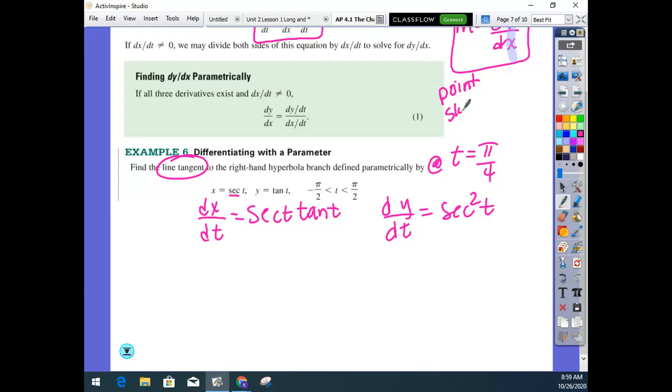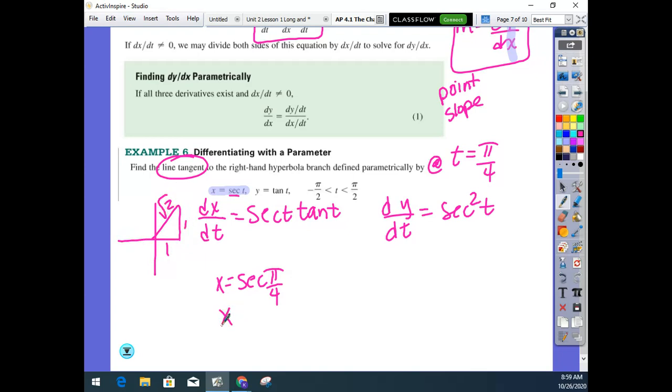Point and slope. To find my point, I need the x coordinate. So x equals secant of pi over 4. Let's remember, pi over 4 is just 45 degrees, 1, 1, square root of 2.